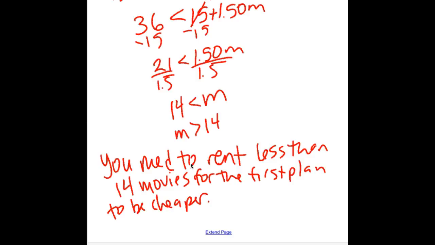Really, in this one, you could set up your inequality as a greater than to begin with, rather than a less than. You just have to know how to interpret your data when you get to the end. And in this case, I end up with an inequality M is greater than 14, which told me that in order for the second plan to cost more, I have to rent more than 14 movies.